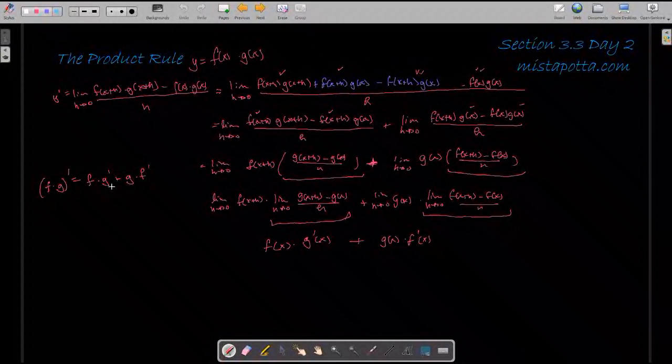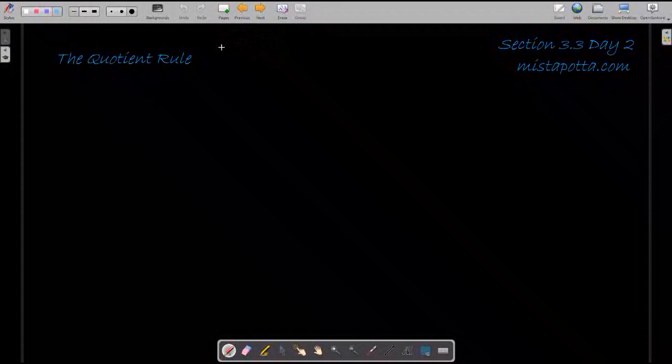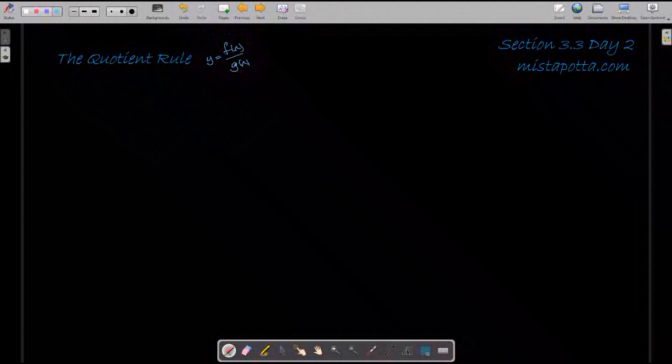So what we need to do now is talk about the situation where we have a quotient of two functions. So let's say that y equals f of x over g of x. And so what I need to do is see what happens to this derivative again from a limit standpoint, so that I can come up with some type of formulaic approach whenever I have a rational function.